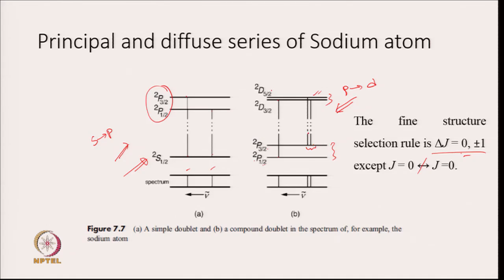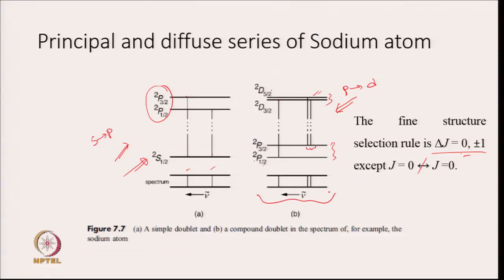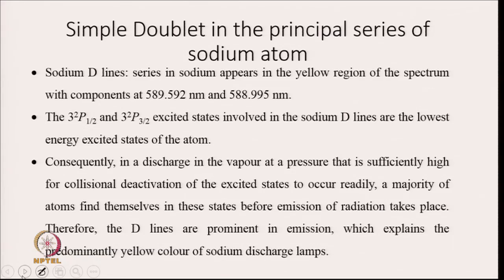But here one thing you must notice is that since this difference is very small, these two will almost merge into each other, and that is why this is known as a compound doublet. Sodium shows a simple doublet in the principal series, and those are the well known sodium D lines.